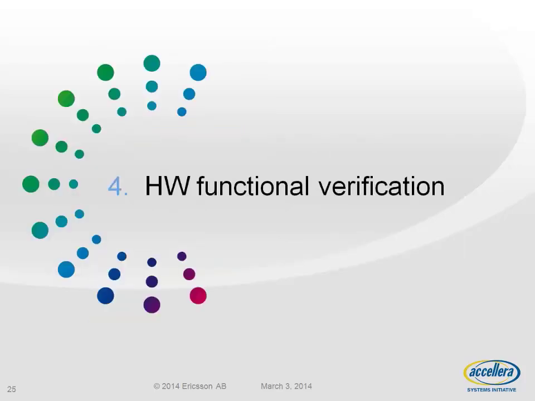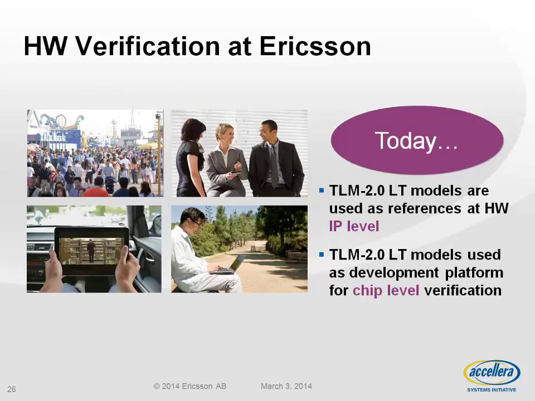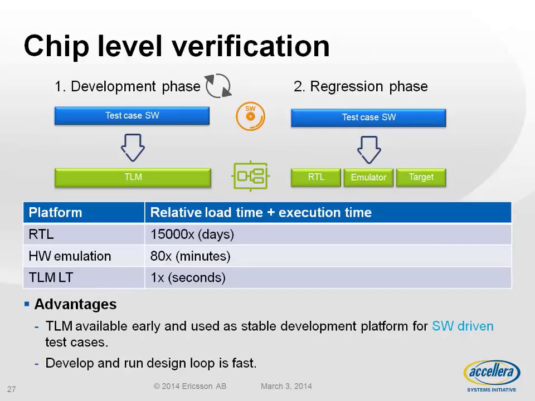So now let's go into functional verification. Now we mainly use TRM models for the verification, both at the hardware IP level, SoC IP level, and also at the SoC chip level verification. We have two phases. The development phase is when we build the top-level test benches.